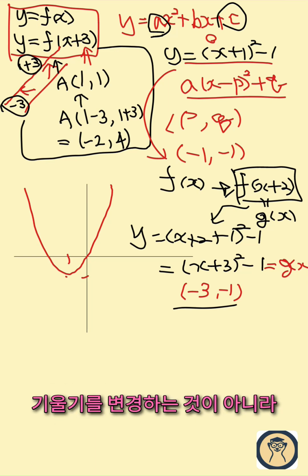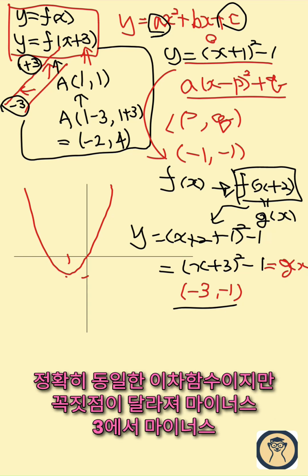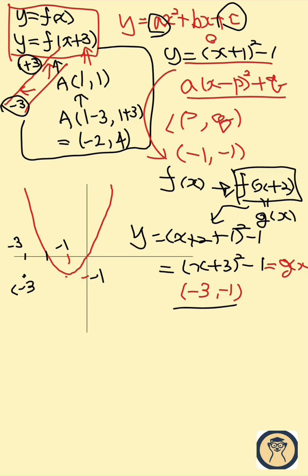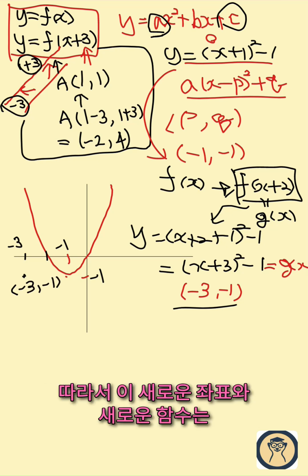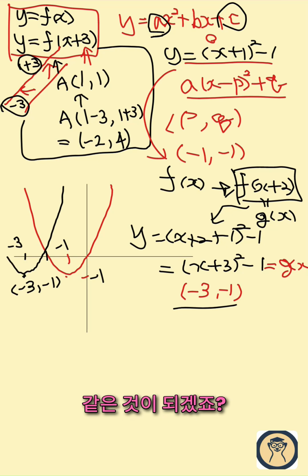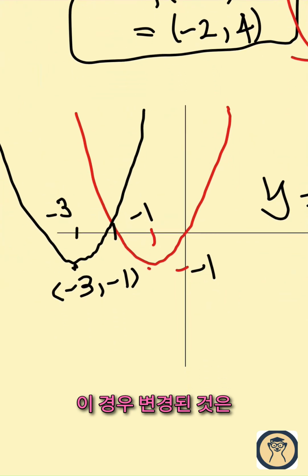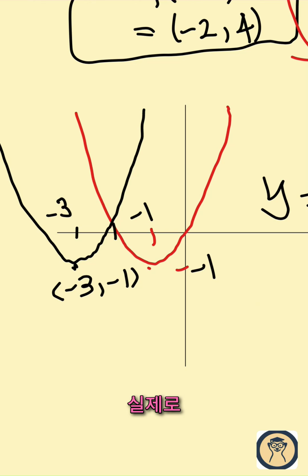We are not changing the slope, we just make exactly the same quadratic function, but with a different vertex point, which goes from (-1, -1) to (-3, -1). So this new coordinate and new function is going to be something like that, right? Is it correct? Okay.